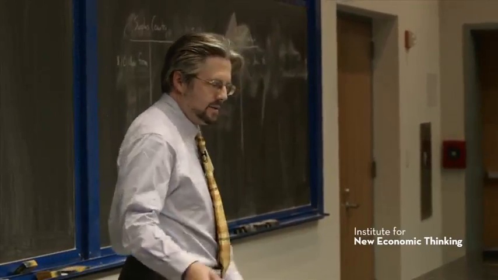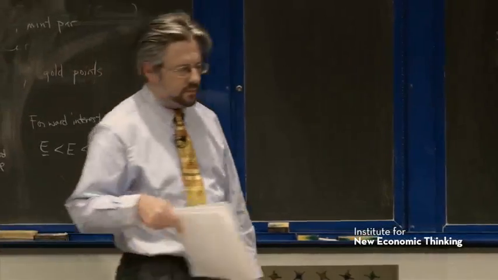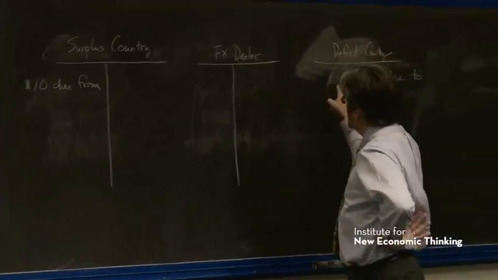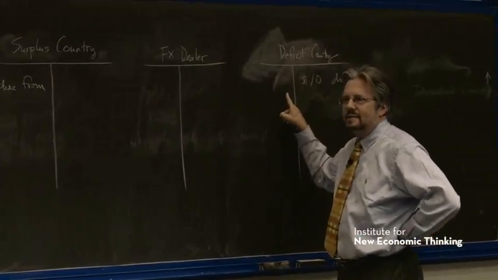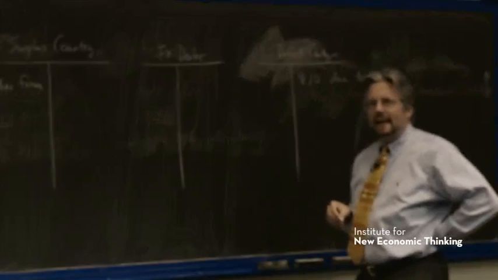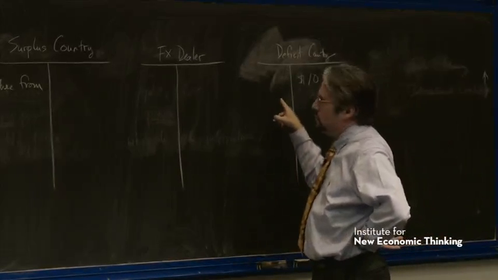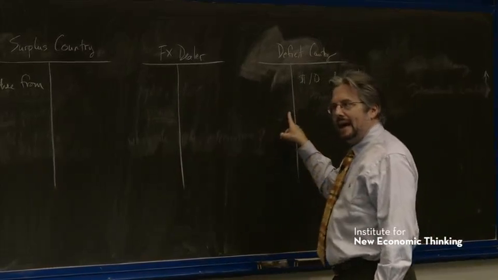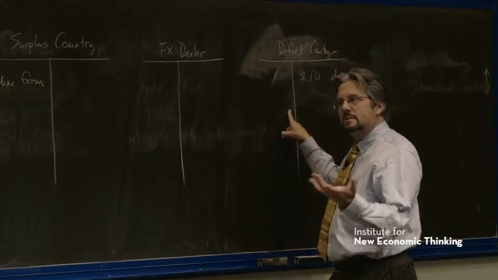This foreign exchange dealer can help by selling dollars to this country. This country has its own currency, and so it wants to sell its own currency to the dealer and use it to buy dollars.